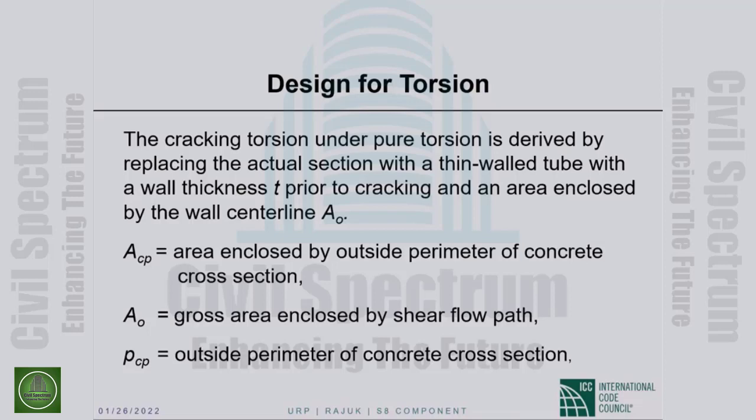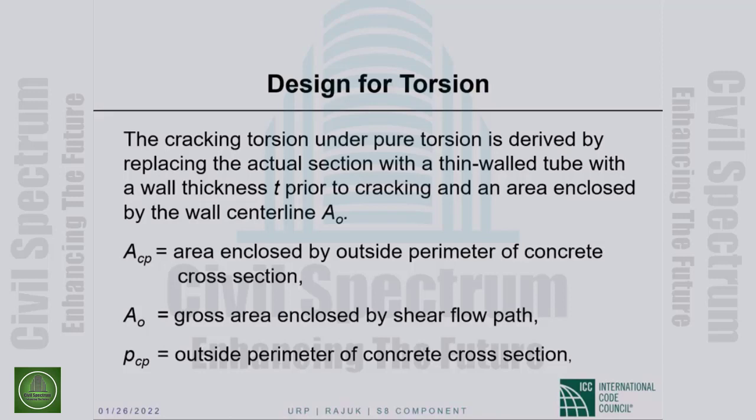Okay. Some important notation: A sub cp, area enclosed by outside perimeter of concrete cross section. This is pretty strange language. It is not cross-sectional area, but area enclosed by outside perimeter of concrete cross section.